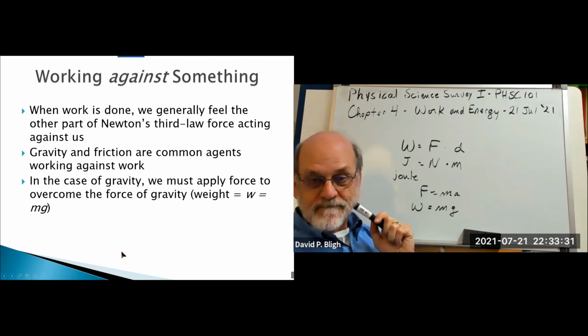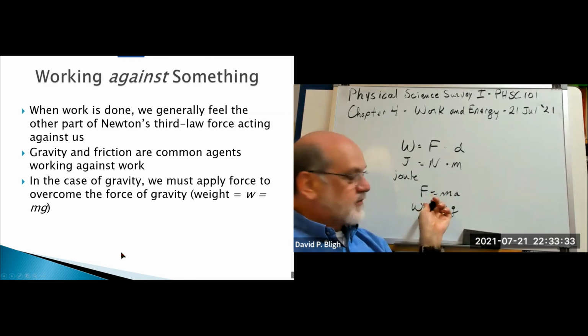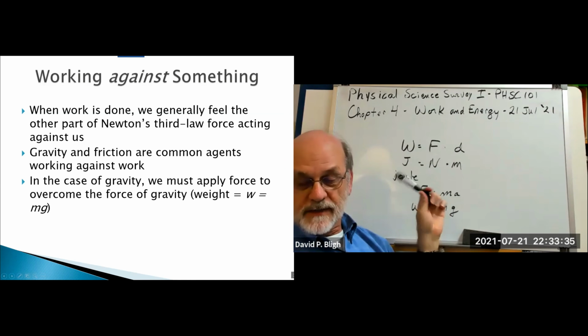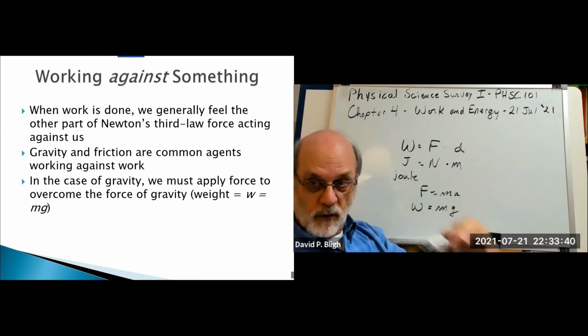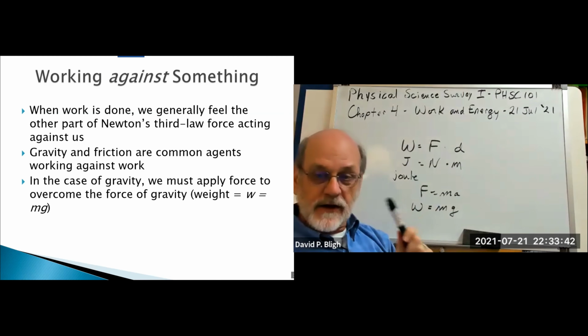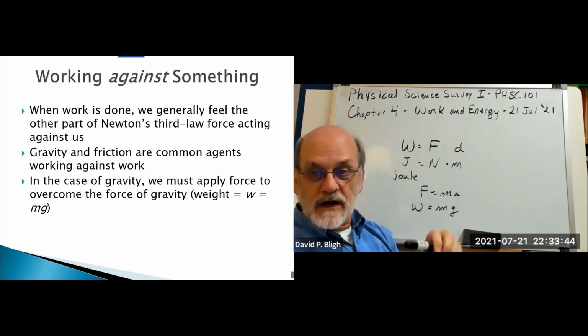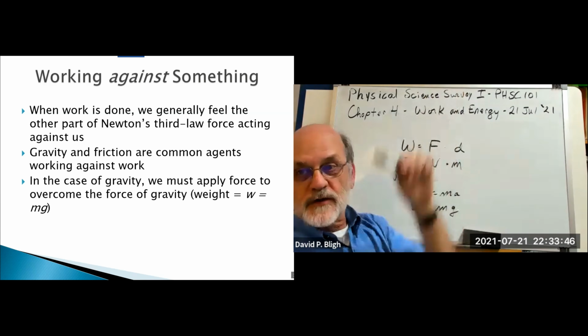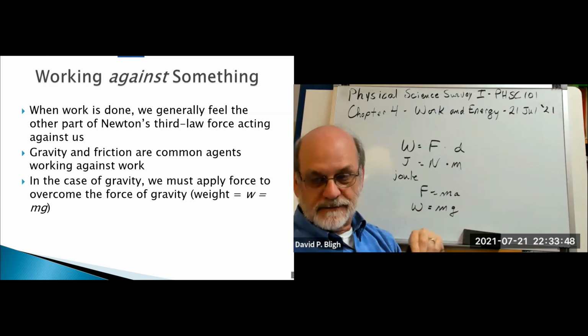Okay? And if we know that this weight is the force required to lift something, then all we have to do is know how high it is lifted from one point to the next, and that tells us how much work was required to lift the object through that distance, that height.